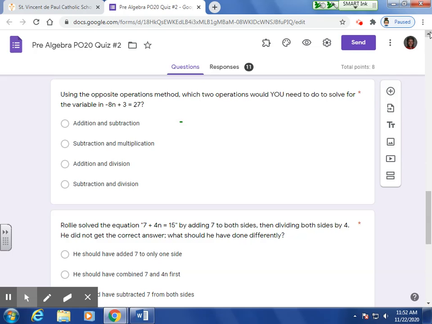So what you're doing here, when I say what you need to do, is as you are working through the process to get n by itself and find the value of n, based on the operations in the equation, what would you need to do to solve it? Okay, so first, you would need to subtract 3 from both sides because that's the opposite of adding 3, right? Cancel that constant out.